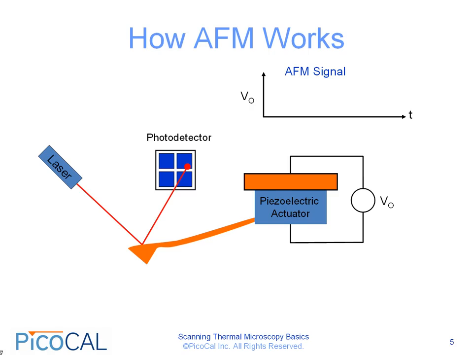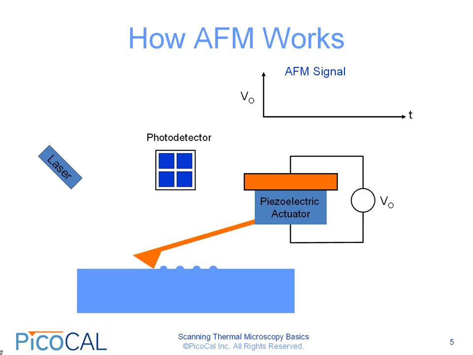In order to image the topography of the sample, the probe is lowered to the surface. Here we have a sample with bumps representing the non-uniform surface, and the system is operated in a servo control mode. The laser is again bounced off the cantilever into the photodetector, except this time the piezoelectric actuator is operated in servo control mode, and the servo signal is from the photodetector.